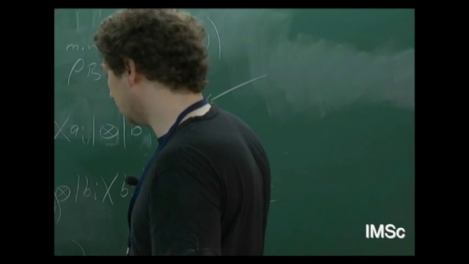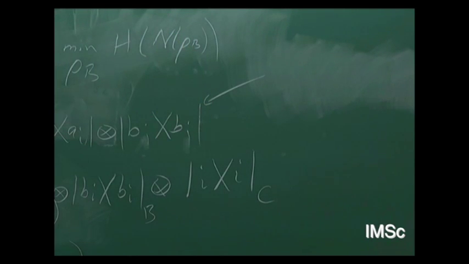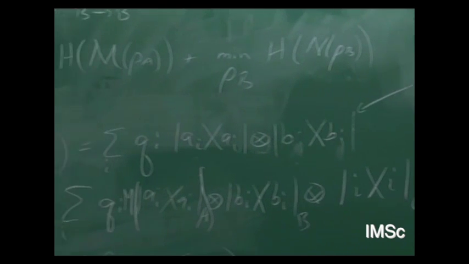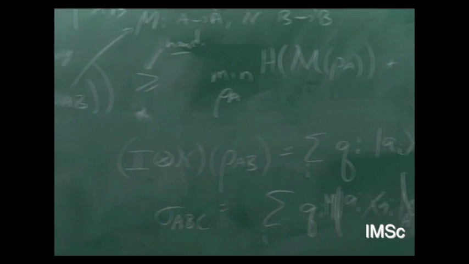Okay, so now what we want to do is apply strong subadditivity to this sigma ABC. Okay, so let's just write out strong subadditivity. You remember, it's that thing that we had with, it looks like subadditivity.